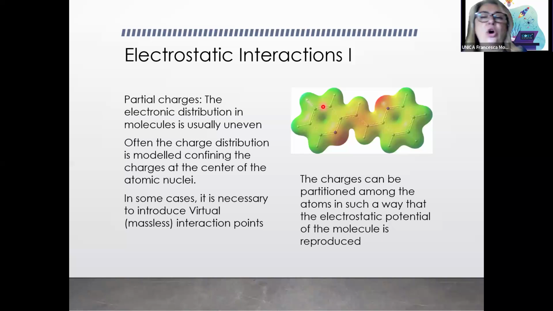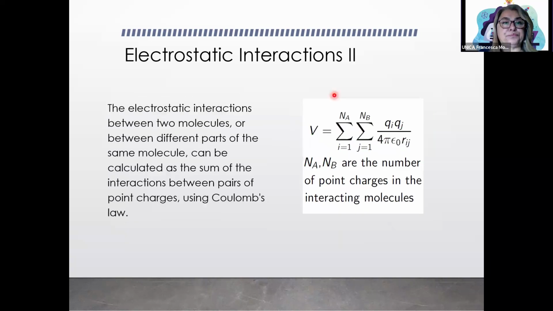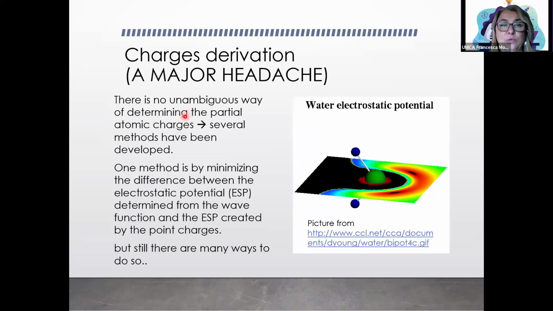There is no unique way to attribute a certain portion of the electronic distribution to one atom or nucleus or to another in the molecule. So, in other words, again, I repeat because it's an important concept, there is no unambiguous way of determining the partial charges and several methods have been developed.